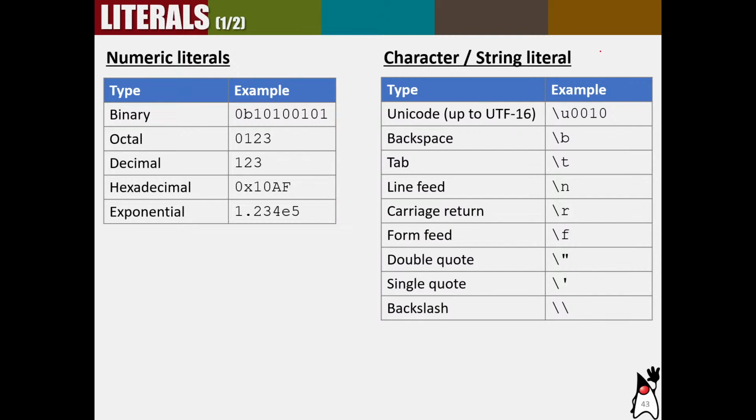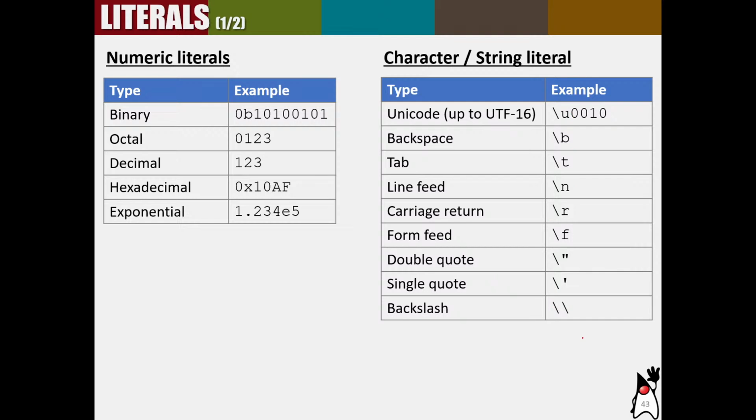For character, the Unicode was already explained earlier in the character data type. Backspace, tab, line feed, carriage return, form feed, double quote, single quote, backslash. All of these characters need to be escaped with a backslash in front.